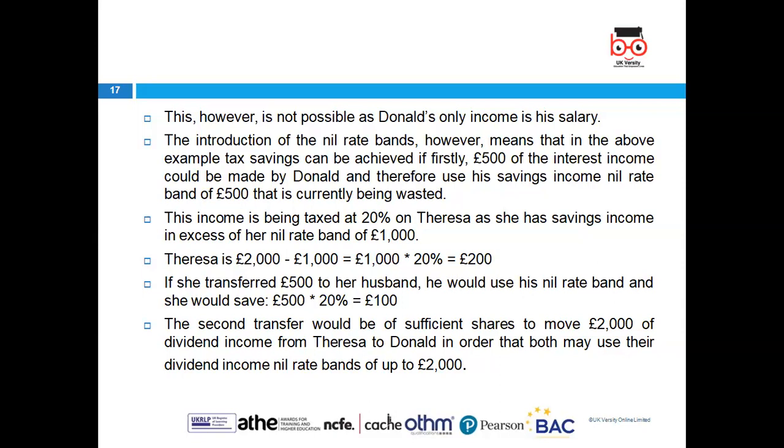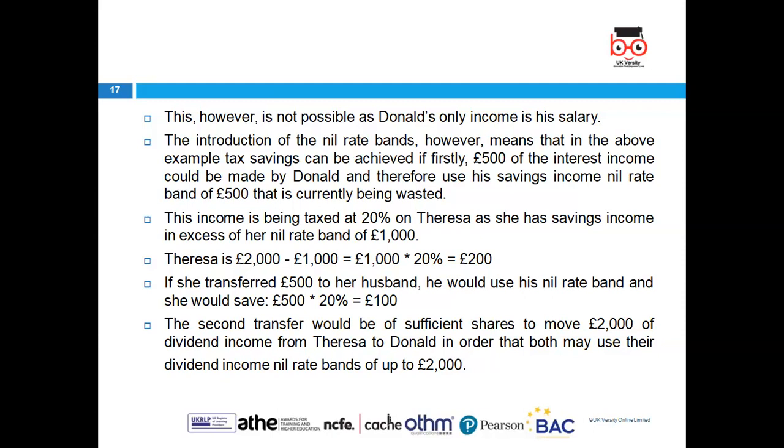If she transfers 500 to her husband, he would use his nil rate on the savings income. Because he falls in the higher bracket, instead of 1,000 he can claim 500. The remaining 500 will be taxed at 20%.